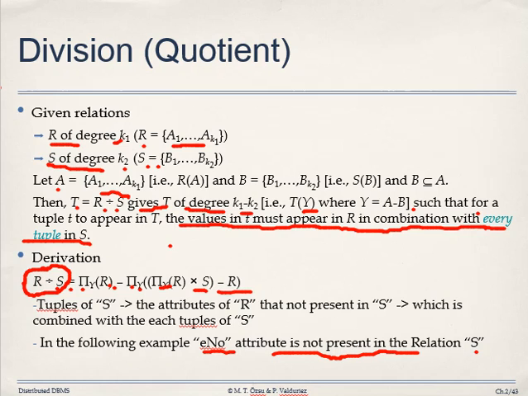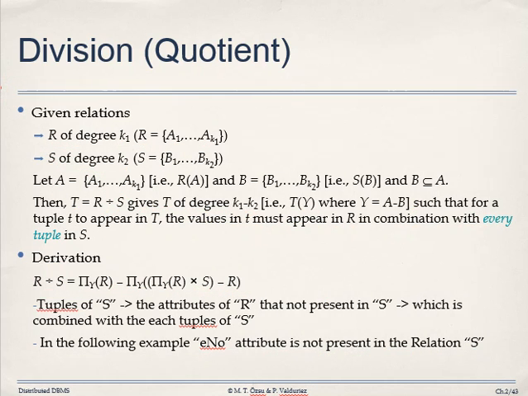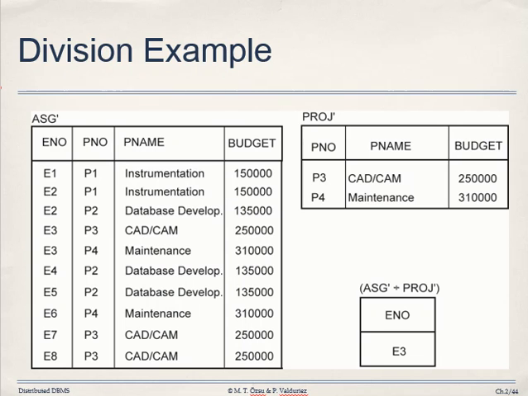Okay, so let's check out the example of the division. Here we have an ASG table and a project table. In the ASG and project tables we have to apply a division operation.